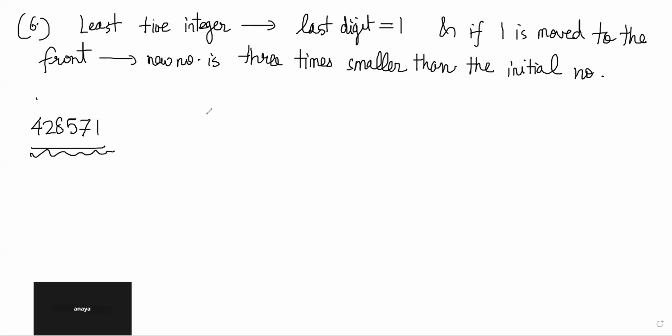So basically, we are saying that let the initial number be such that the last digit is 1, right? Yes. So the remaining digits will be something here, and we can say that 1 is moved to the front.